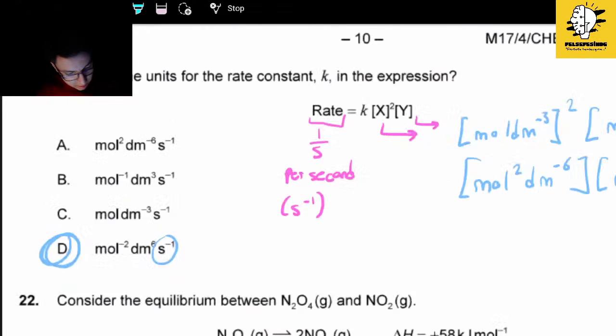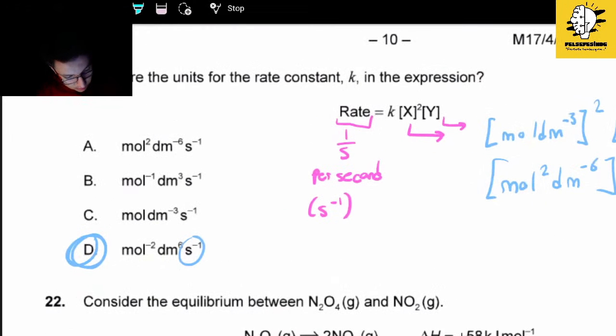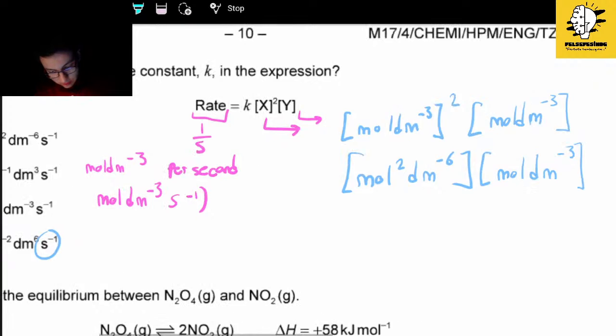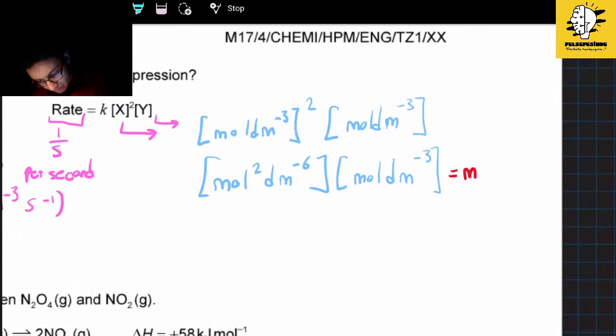Like we said, this is per second, and this is moles per decimeter per second. So if you would like to have an equation just like this, this is the rate.